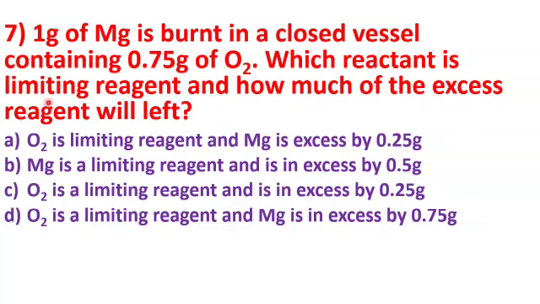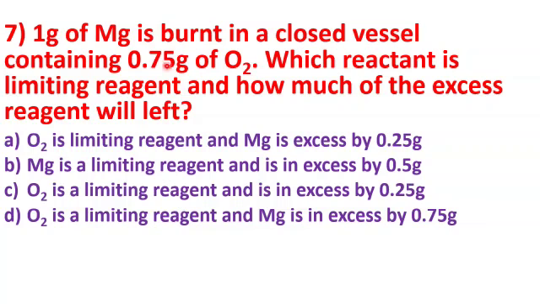You know the definition of limiting reagent. These are the reagents present during a reaction, and the limiting reagent limits the formation of product. These limiting reagents are reactants that get completely consumed during a reaction, and further product formation is limited. Here 1 gram of Mg is present, 0.75 gram of O2 is present.